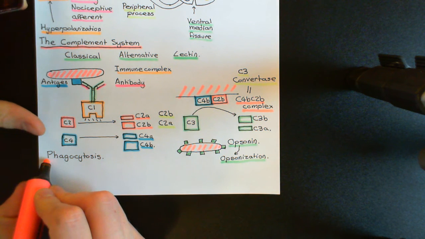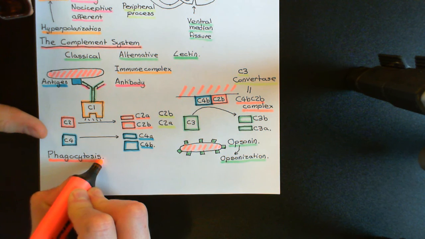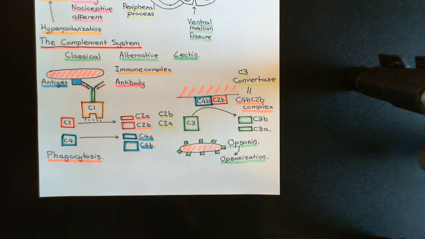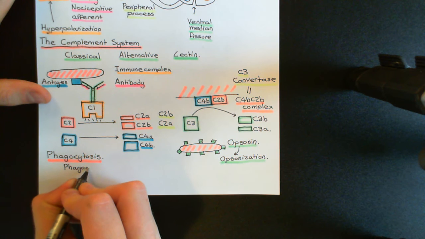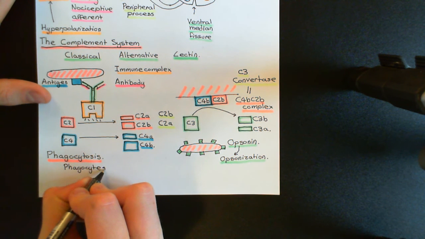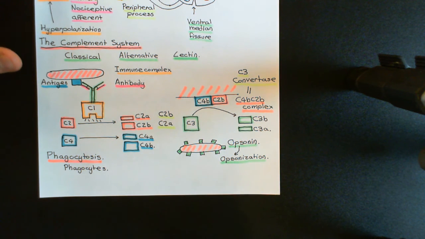Now, these leukocytes, neutrophils and macrophages, are known as phagocytes. So both of them are described as phagocytes. Phagocytes are cells which are capable of engulfing, i.e. eating effectively, pathogens and other cells. They can actually phagocytose cells of the body.